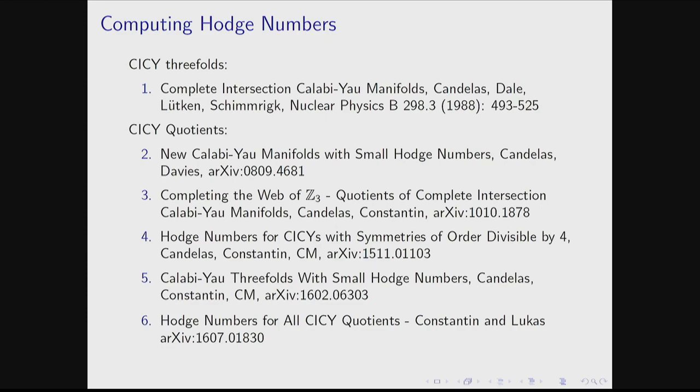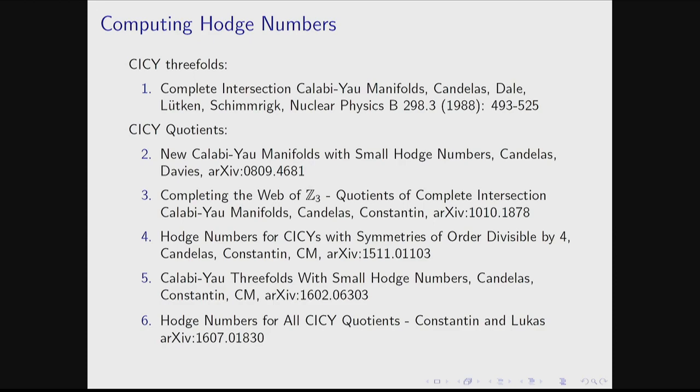And we want to learn the Hodge numbers. And these are the list of references where people have computed the Hodge numbers of CICYs and CICY quotients. And well, this is the first paper here. And as you saw in the previous talk, there's a lot of sequence chasing involved. But sometimes there are nicer solutions.